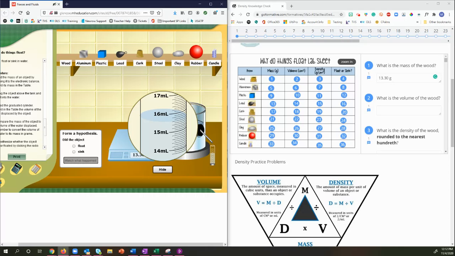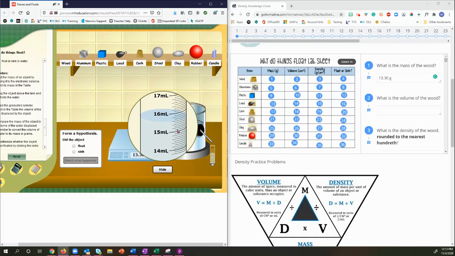So in order to find the volume, I have to count on this graduated cylinder. I've got 14, which is this dark line here, then 15. So I know it's at least 15 milliliters. If I count from 15, 1, 2, 3, 4, 5, 6, 7, 8, 9, 16.